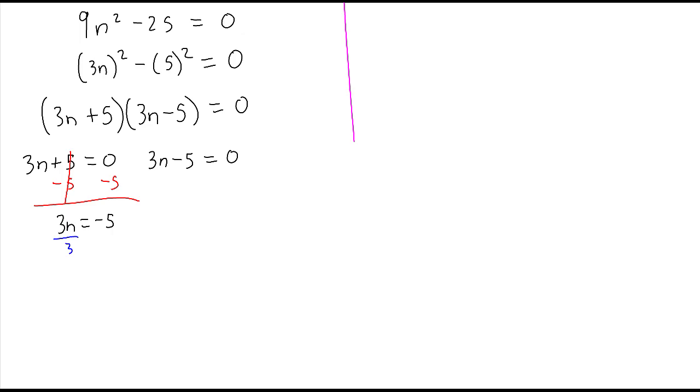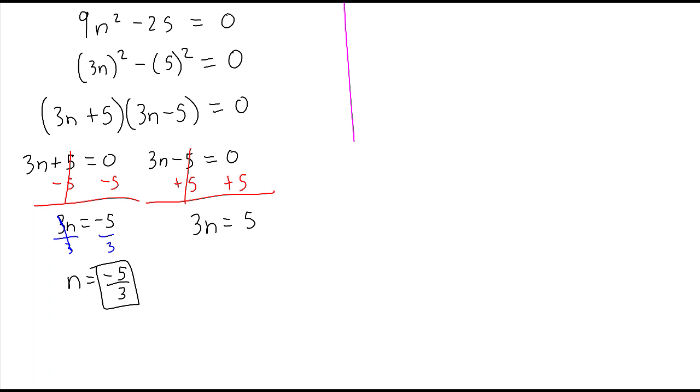Divide both sides by 3. n equals negative 5/3. And then I'm going to work this one out as well, but I'll just get a positive 5/3, right? Add 5 to both sides. 3n equals 5. Divide both sides by 3. n equals positive 5/3.